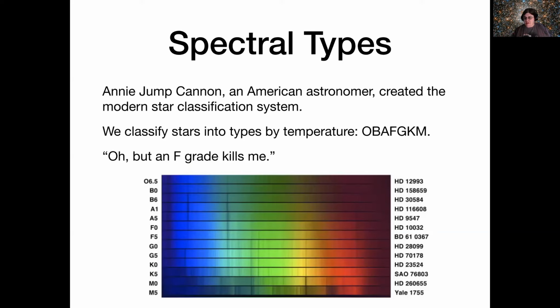The pretty hot, but not the hottest stars have really strong hydrogen absorption. And then it gets weaker as the stars get cooler and cooler, or as they get redder and redder.